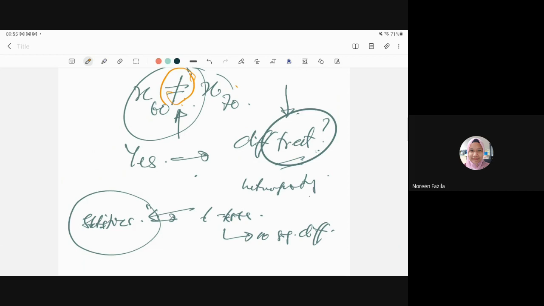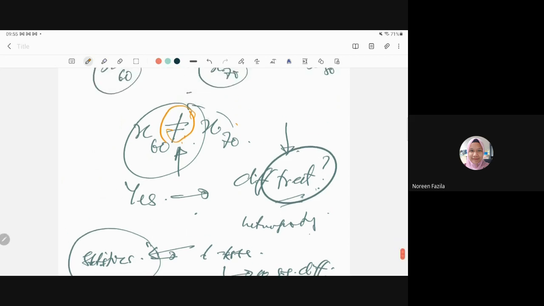No significant difference means there is no significant effect of the treatment, even though this one is different. So why is it different? Because of errors, heterogeneity of the samples, etc., but not because of the treatment.